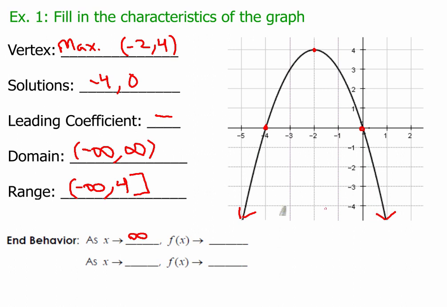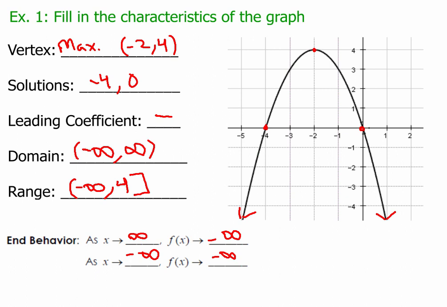And as I go to the right, I'm going down forever, so y is going to negative infinity. On the other side, once again, x is going forever left, so that's negative infinity. And y is going down forever, so that's negative infinity again. So this is how we can use the graph to fill in these different traits.